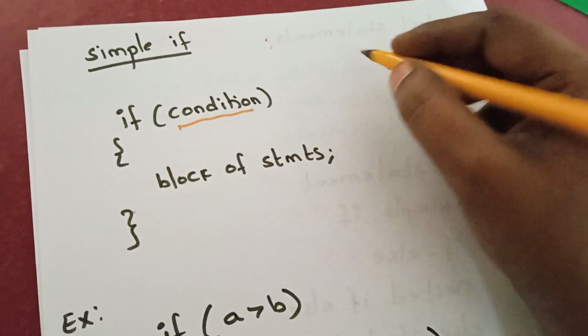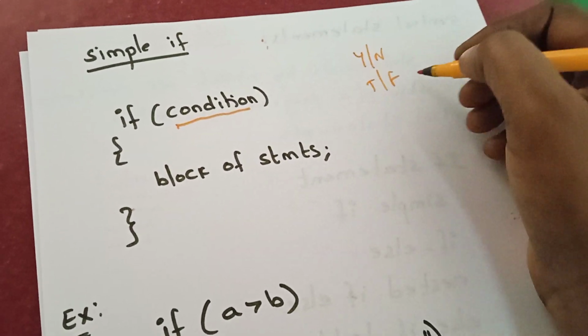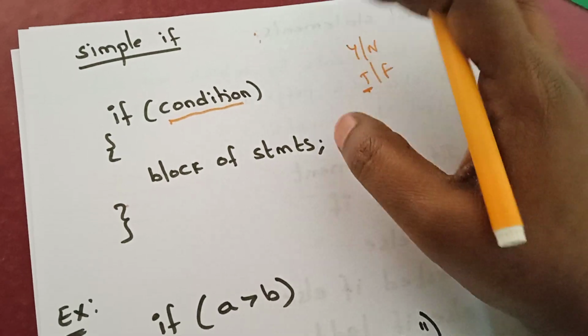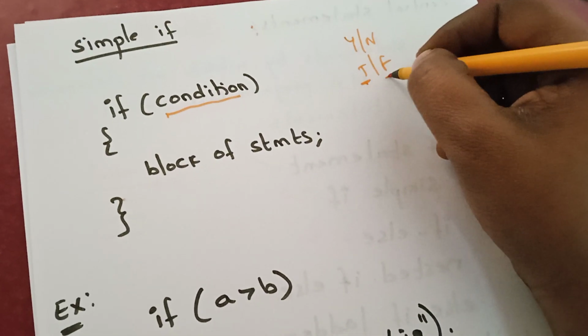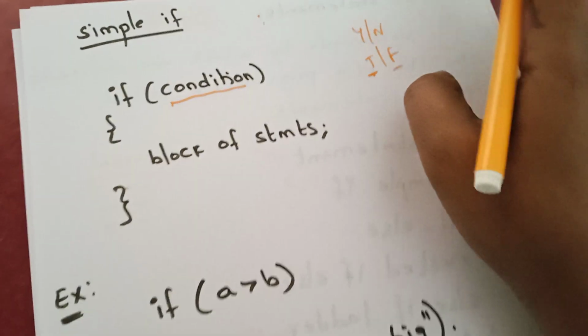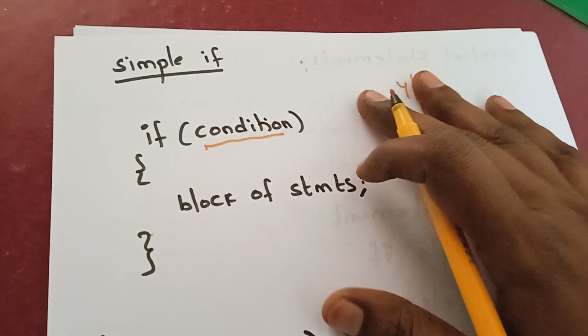So we'll take a decision which is yes or no, right? That is true or false. If something is true, we'll execute some code. If something is false, we'll execute the appropriate block. Did you understand? Now look at this example.